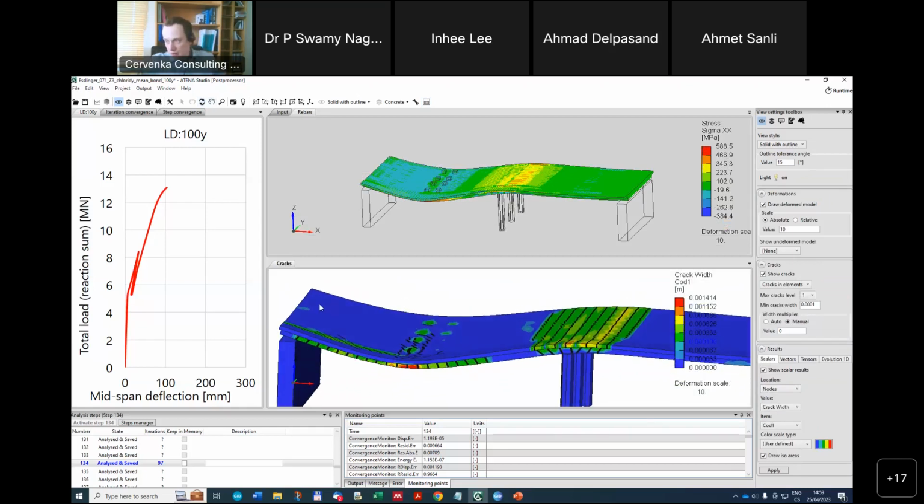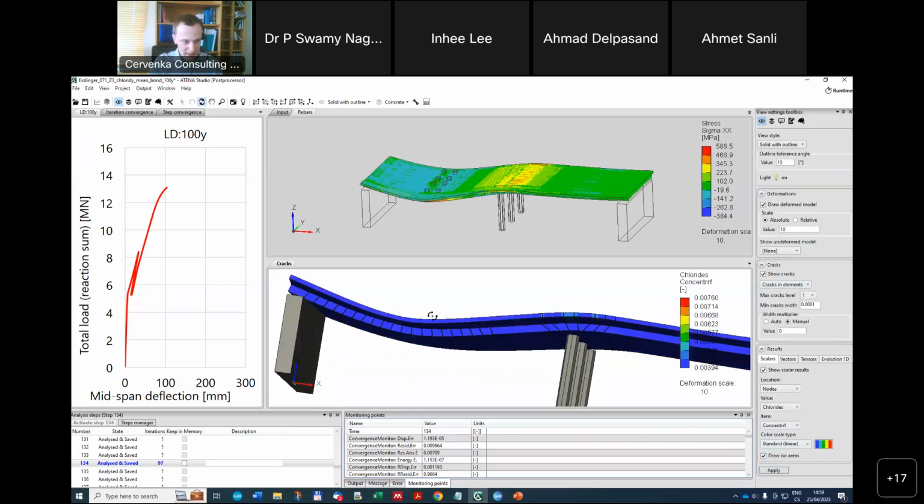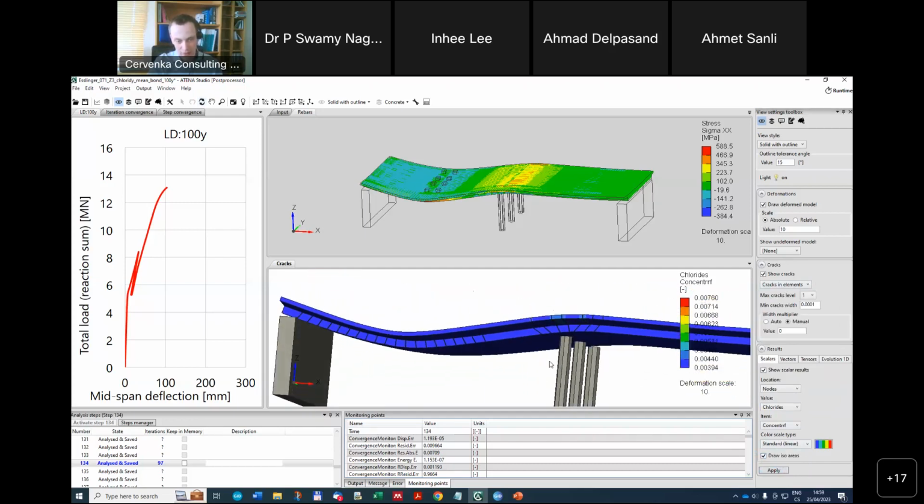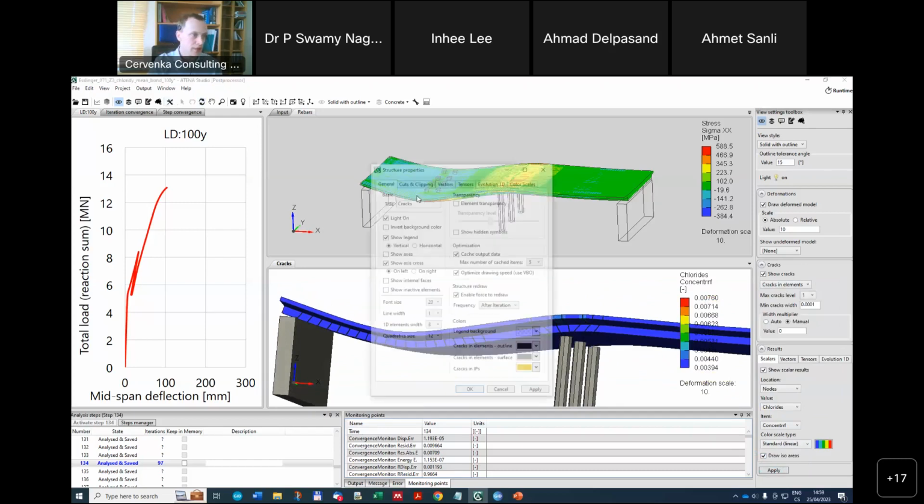So this was just a quick overview of the post processing. If I don't want to show the cracks in here, I can show the chloride concentration. So in here the output chlorides, I can see how the concentration is over the structure.